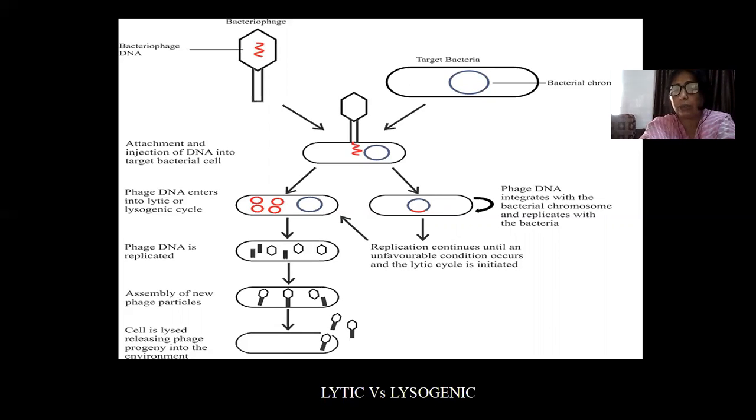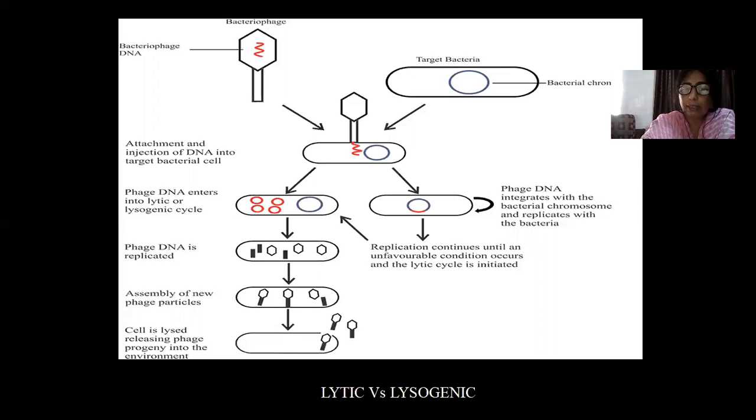What happens in the lysogenic cycle? In the lysogenic cycle, the viral DNA enters the bacterial DNA and integrates with it. After this integration, the life cycle of the bacteria carries on along with the phage DNA, known as a prophage, which increases the virulence factor of the bacteria.